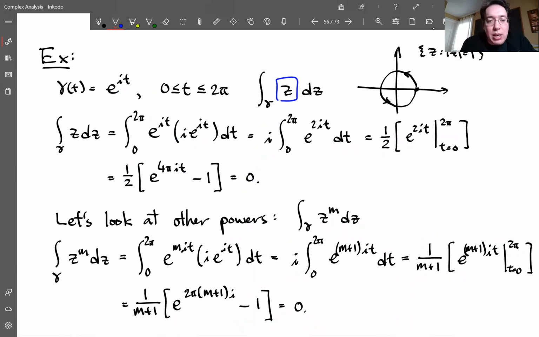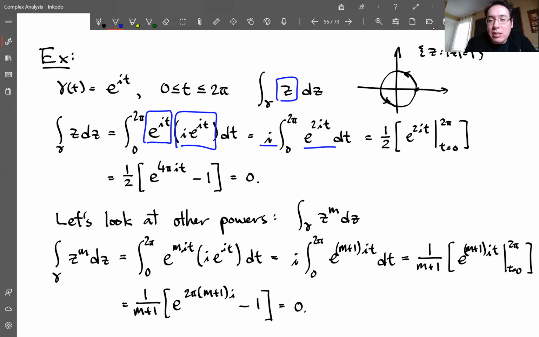Okay, so along the same unit circle, we're going to plug in e to the it, multiply by the derivative, and integrate from 0 to 2 pi. This time they don't cancel. So combine the power. You could still pull out the i in the front. If you find the antiderivative, if you do the u substitution, we'll be dividing by 2i.